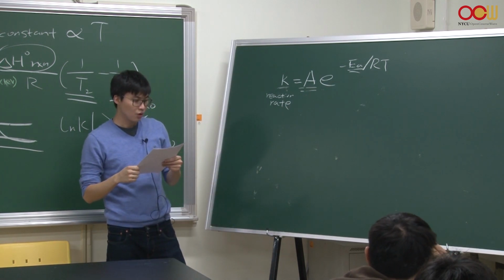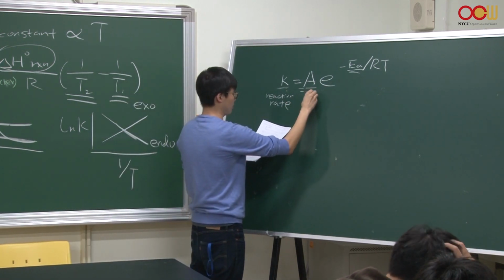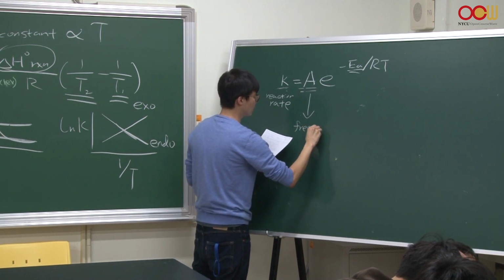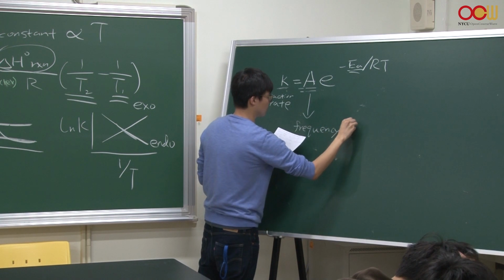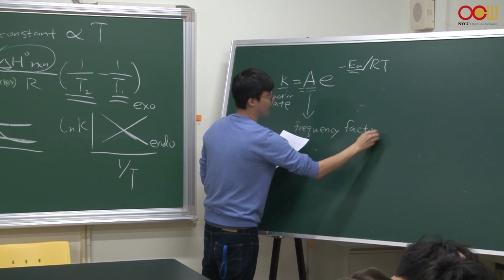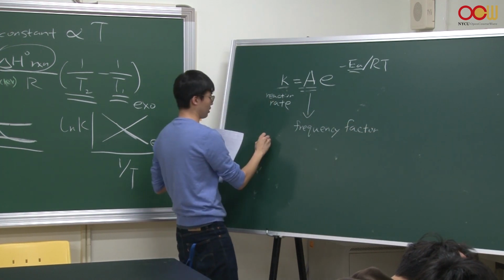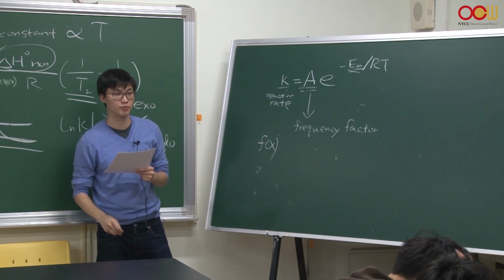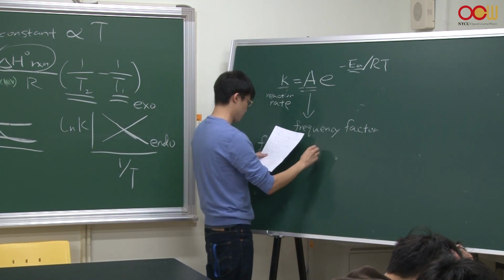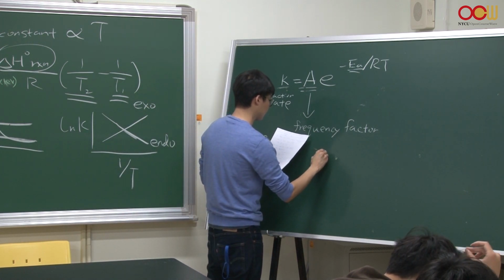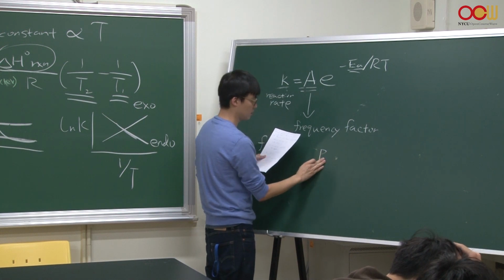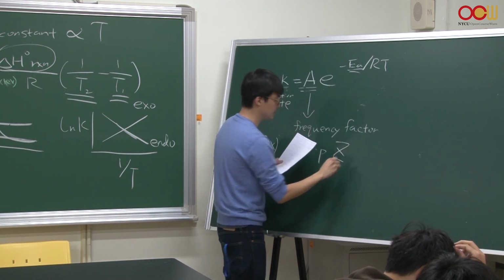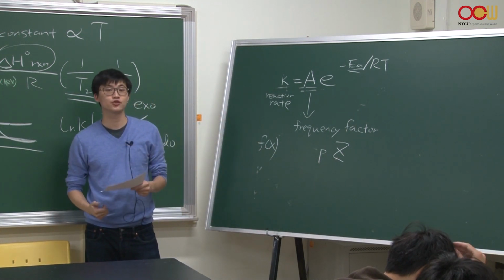All right, so what is this correction factor? This is called the frequency factor. And it is actually a function, just like what you will see with a lot of mathematical manipulation. This is a description of how frequent, P stands for frequency, and Z stands for orientation probability.